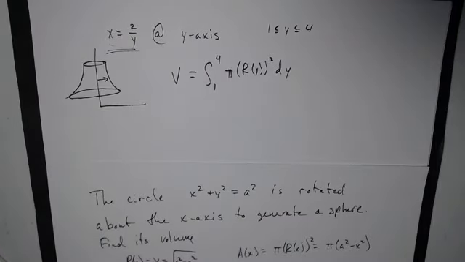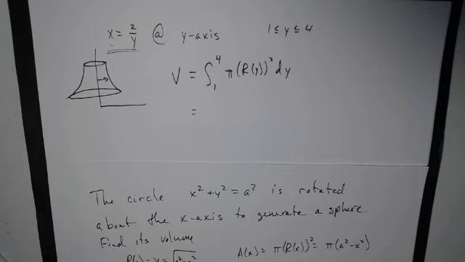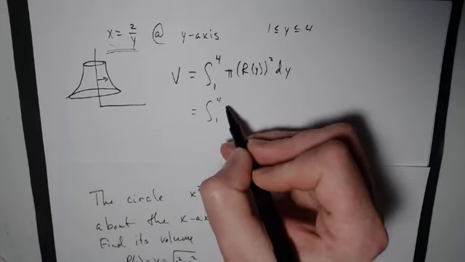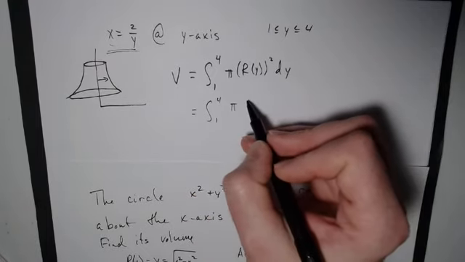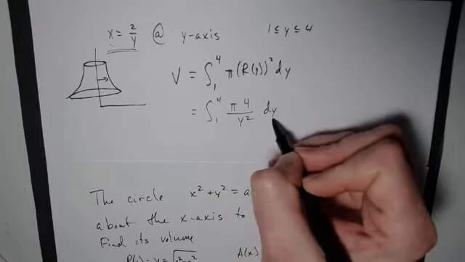So if it's solved for x, it's really easy to just plug in just like before. If it happened to be solved for y when you got started, just solve it for x. So this is going to be the integral from 1 to 4 of pi times 4 over y squared dy.